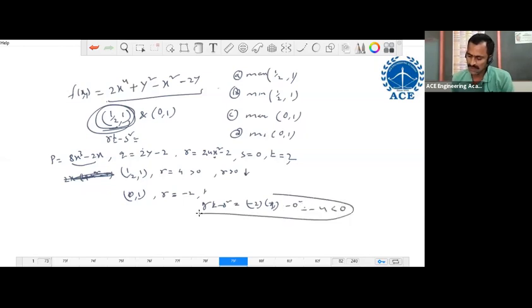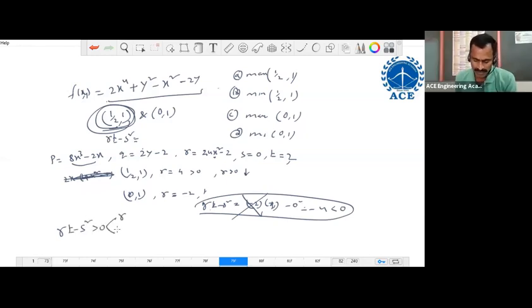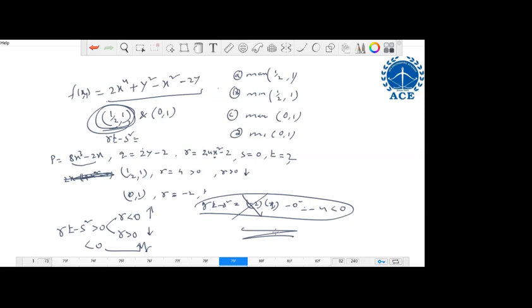When RT minus S square is less than 0, that is a saddle point, neither maximum nor minimum. When RT minus S square is greater than 0, then depending on R: R less than 0, maximum; R greater than 0, minimum. Equal to 0, we cannot say anything by this method. So 1 by 2 comma 1 is the correct answer. Thank you, sir.